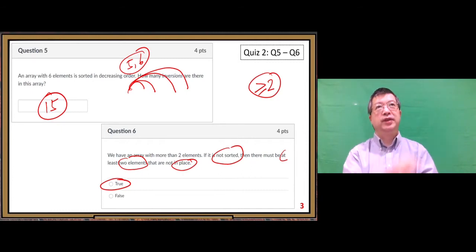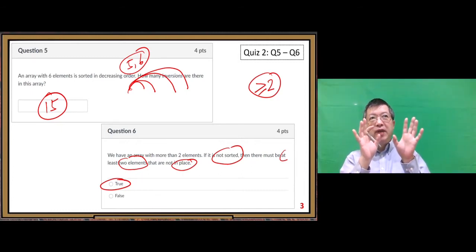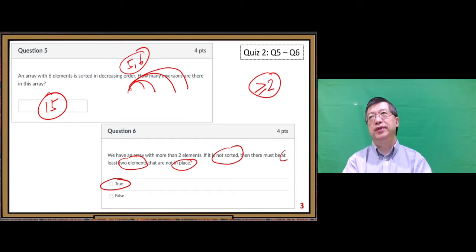You try to disprove it. You cannot disprove it. So how do we disprove it? We use the contrapositive method. We assume it is false.